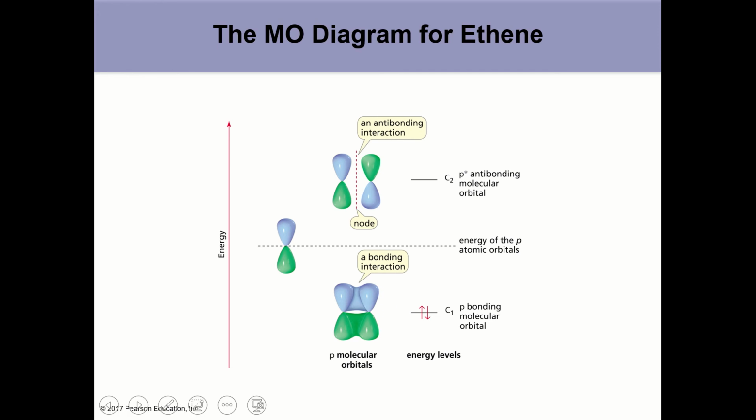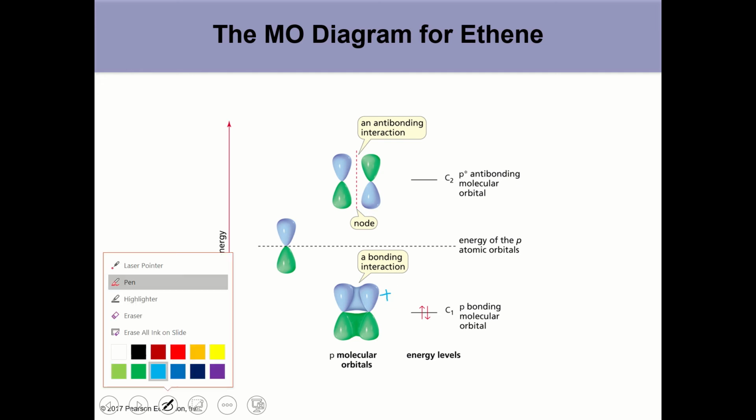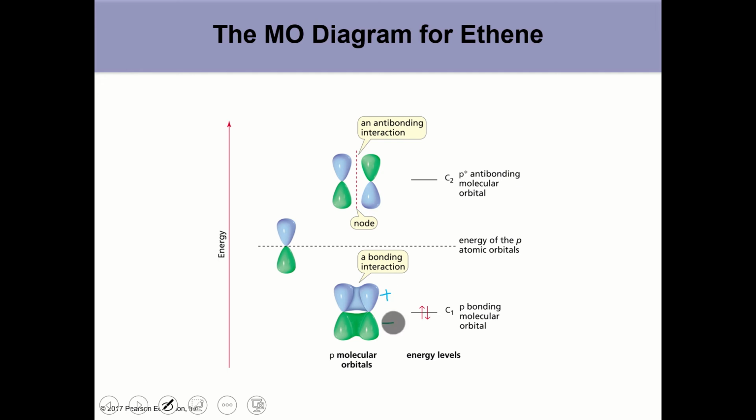So the blue color represents one phase, like a positive phase, and the green color represents another phase, like a negative phase. Okay? Now, in order for a bonding interaction, for a p bonding molecular orbital, the phases must match, and that is the lowest energy orbital when the phases match.